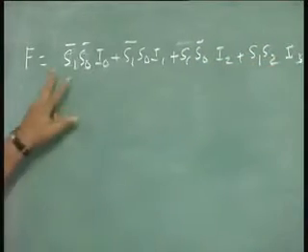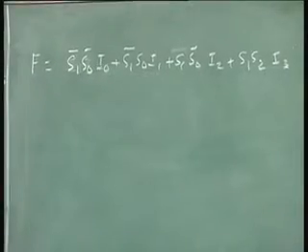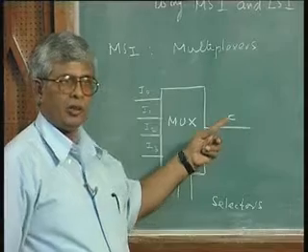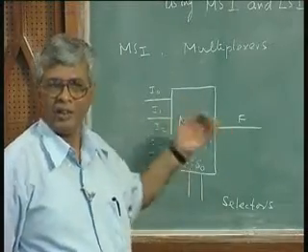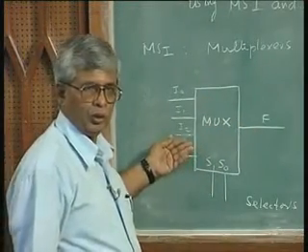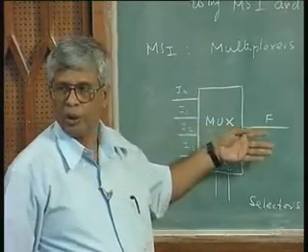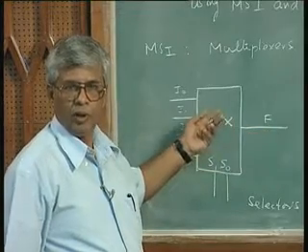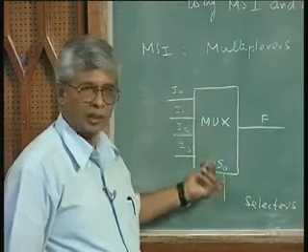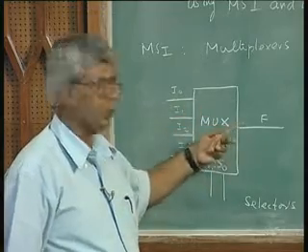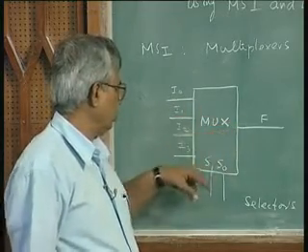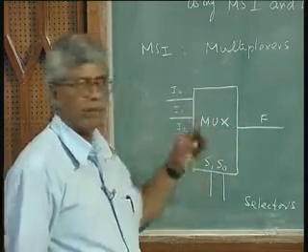That means if I make both selector inputs 0, 0, F gets connected to I0. So it's a selection process. That's all. I have several signals coming into the input, and one of them has to be connected to the output. And which one should be connected depends on the combination of S1 and S0. So if it is 0, 0, I0 will go through, 0, 1, I1 will go through, 1, 0, I2 will go through, 1, 1, I3 will go through.